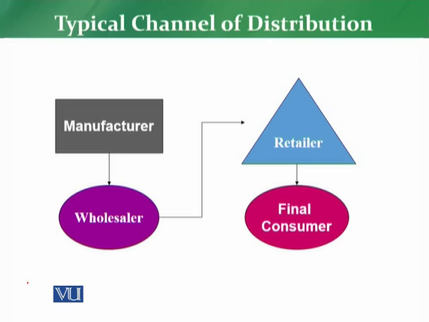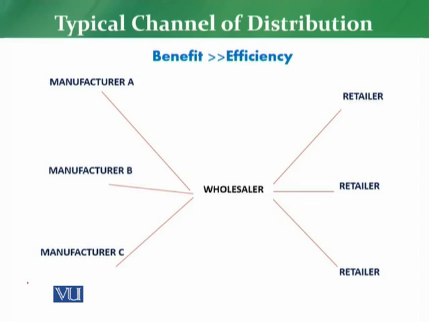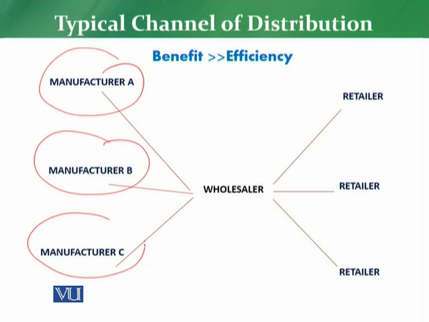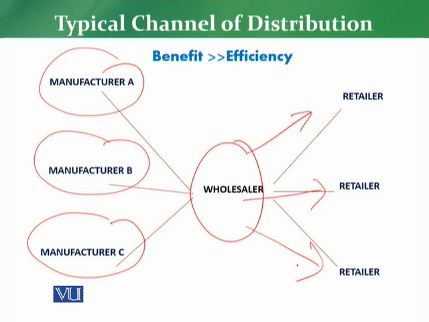If we ask what the benefits of this typical channel of distribution are, you can see that manufacturer A, B, or C sells its product to the wholesaler, and this wholesaler sells its product to multiple retailers, and then these multiple retailers sell these products to the end consumer, which is the original objective.